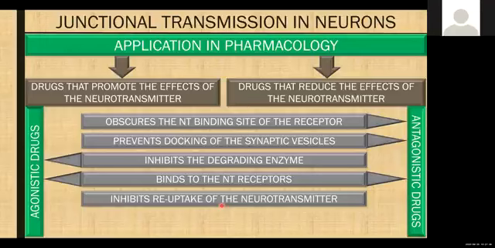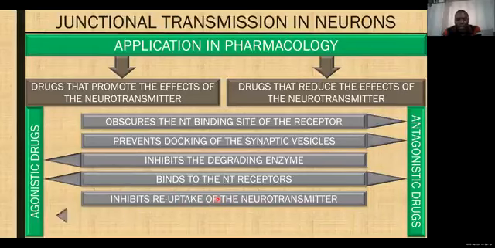It will be antagonistic. That may not be true. The reason is because if you inhibit reuptake, it means that the neurotransmitter will be more available within the synaptic cleft. And that means that more neurotransmitter will be available to bind to its receptors on the postsynaptic membrane. So therefore, a drug that inhibits reuptake will be agonistic.